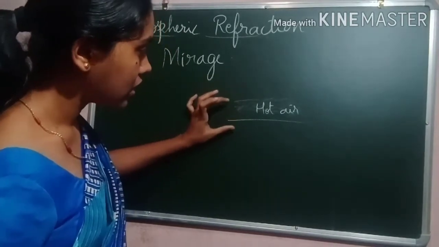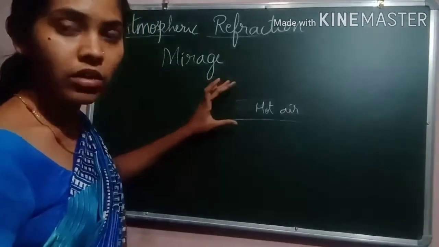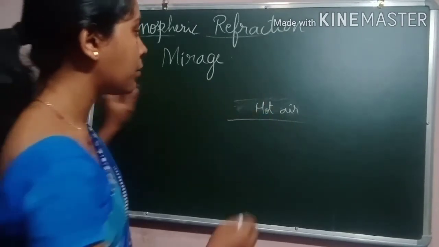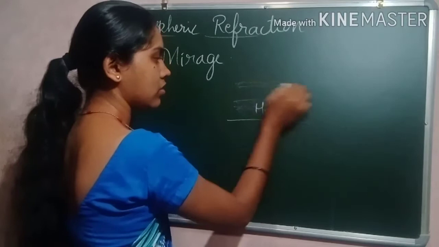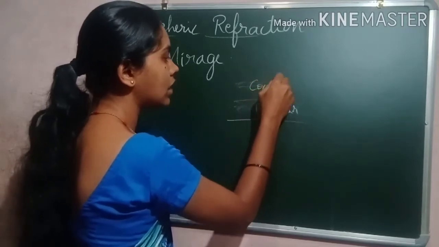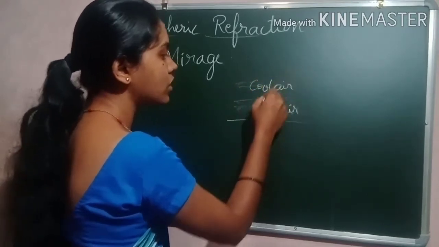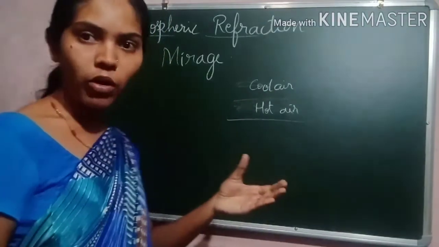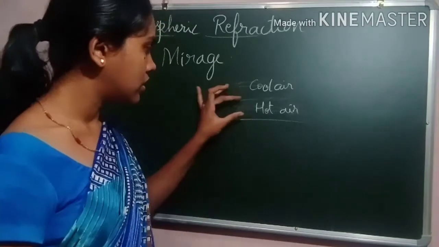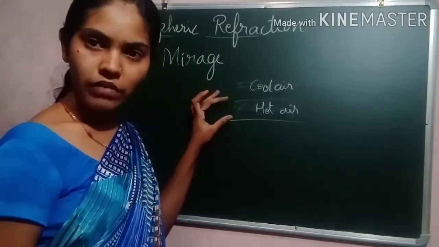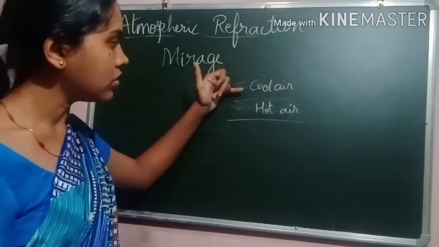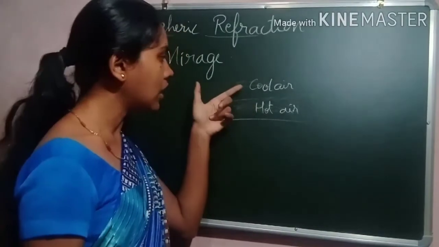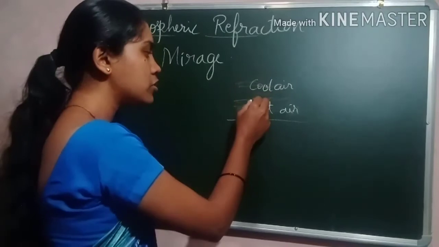The air on the road is a little hotter compared to the air above it. This will be a little cool air. So it forms two different layers. When you boil any water, the lower part will get more heat and will be heated quickly compared to the upper part. That is why it forms two layers.